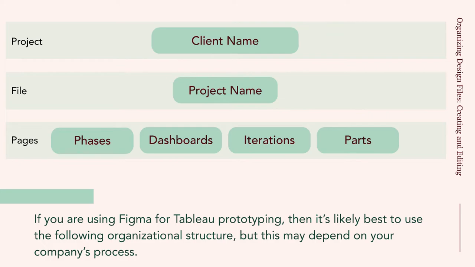The second part might be lo-fi wireframes, where you're just sketching a little bit in Figma, getting some ideas on the page, some metrics, maybe how many dashboards there might be. And then perhaps it's high fidelity, then QA, then final prototype, what have you.